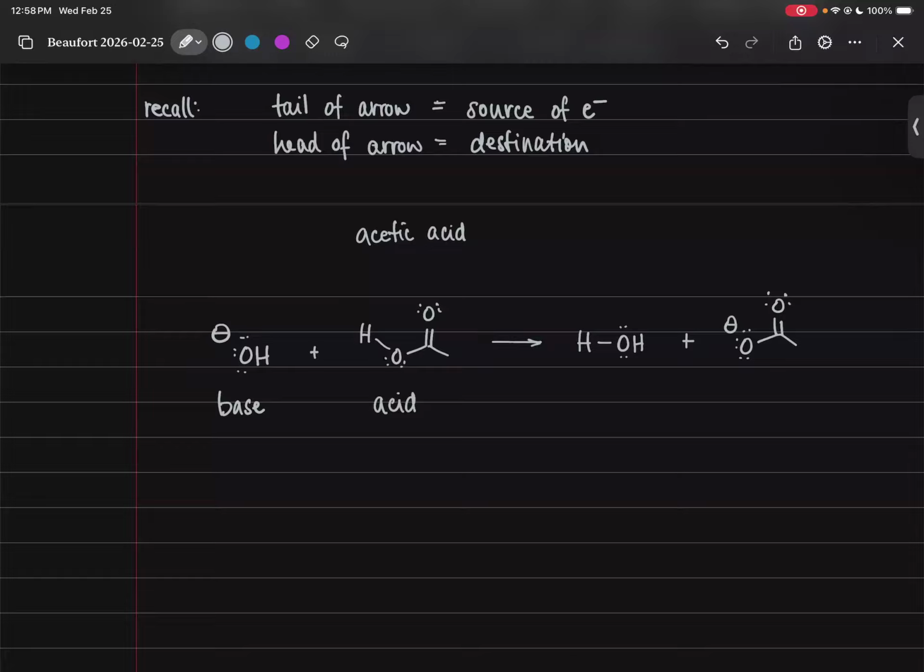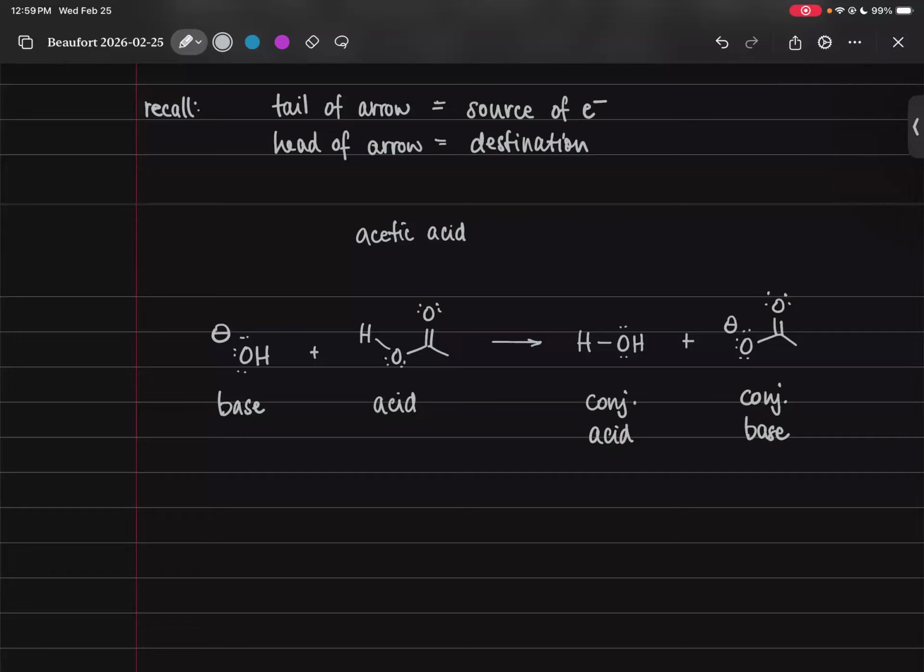And then the base becomes the conjugate acid, and the acid becomes the conjugate base. So the OH minus becomes water, so this is the conjugate acid. And that's the conjugate base.